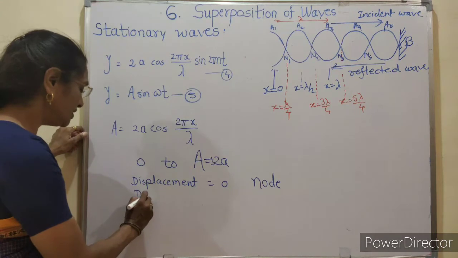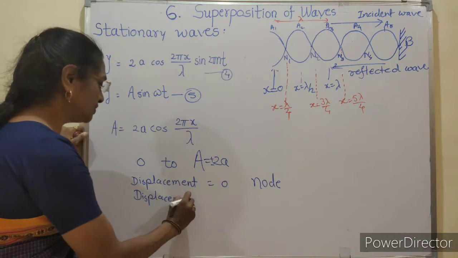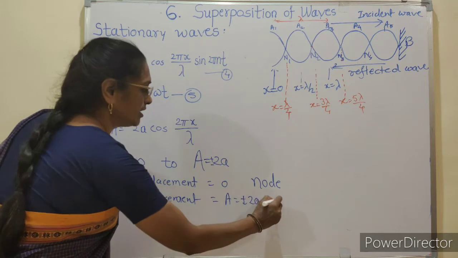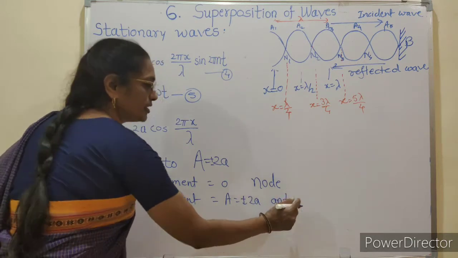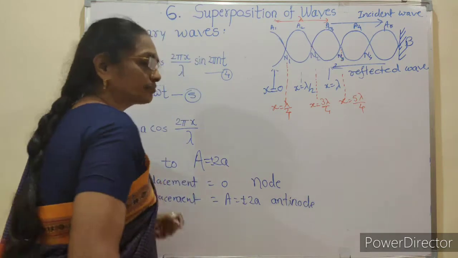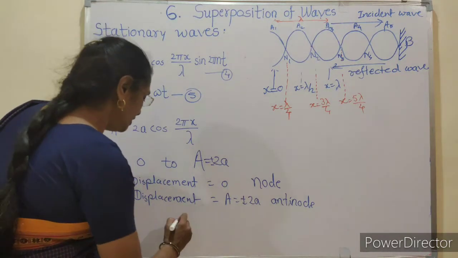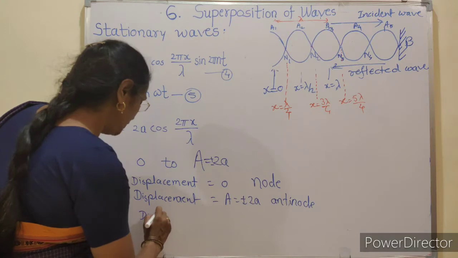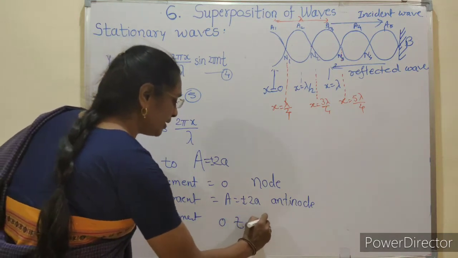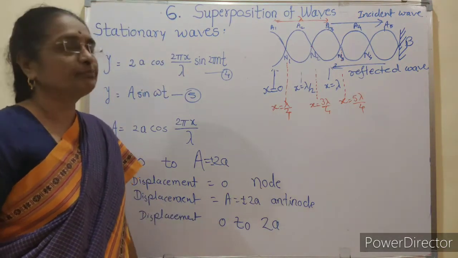If the displacement of the points is maximum, that is A equal to plus or minus 2a, such points we have called antinodes. And there are some points whose displacement varies between 0 and the maximum value 2a. Such particles are also there.